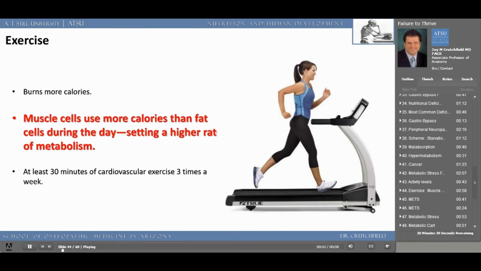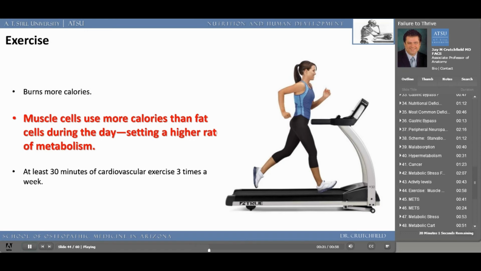I always thought it was interesting that muscle cells will use more calories than fat cells during the day, setting a higher overall rate of metabolism. This, of course, goes back to the physiology of the fat cell, and you had some of that as first-year students. Basically, exercise burns more calories and will allow you to go into a negative nitrogen balance, assuming that you are not taking in adequate protein.